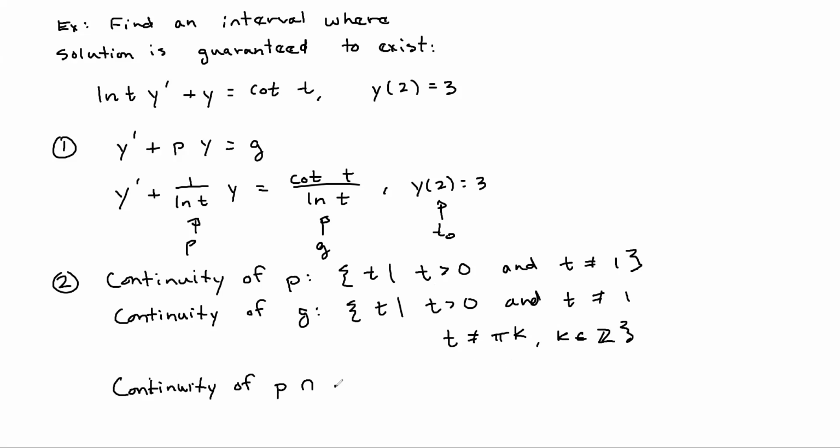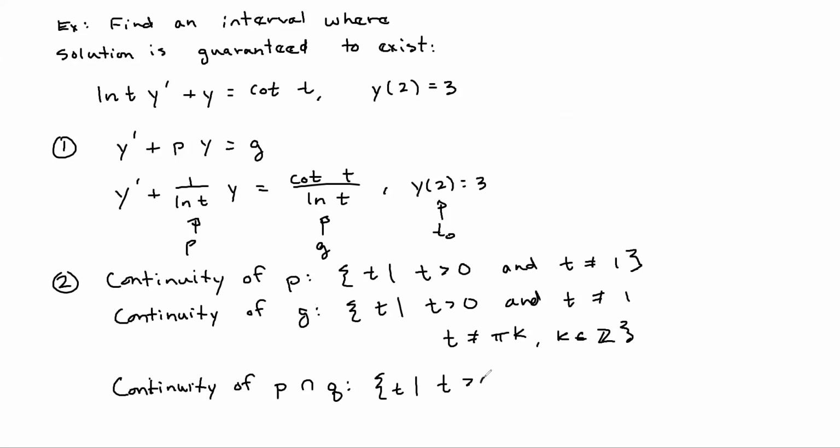Okay, and then we need the intersection of these two, p intersect g. And since they overlap, it's basically everything that's up here. The overlap is these two, so we know that's going to be in there. But for the intersection, any conditions that put limits on the interval where the function is continuous are going to exist on the intersection as well.